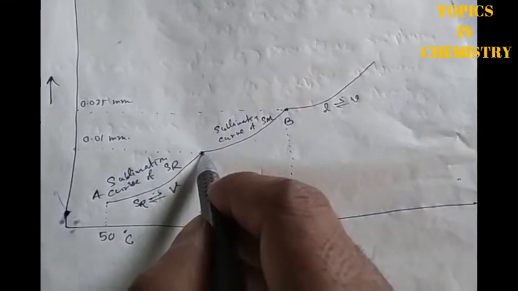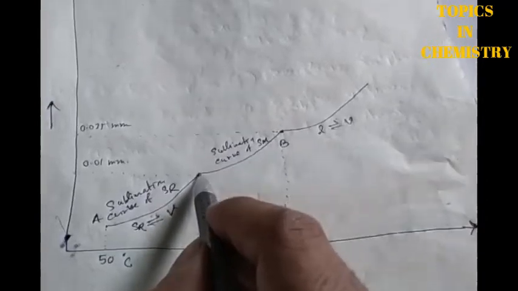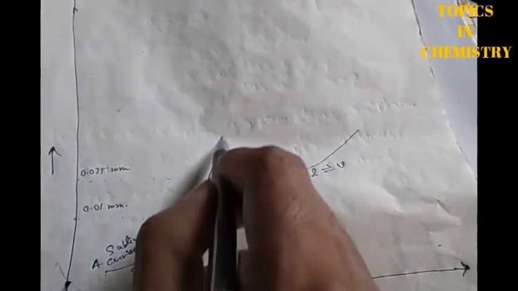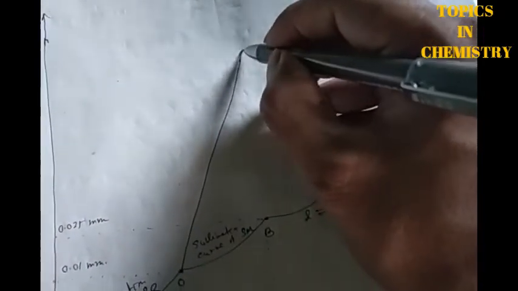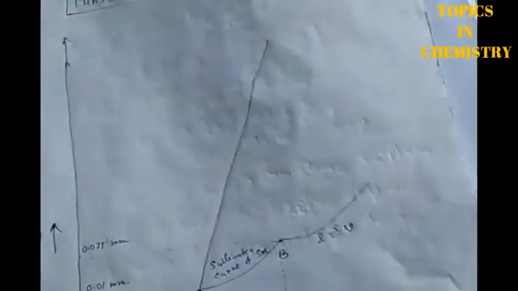Now you can see rhombic sulfur transforms to monoclinic sulfur. So you can get another line like this, and suppose it continues here. This is another line.